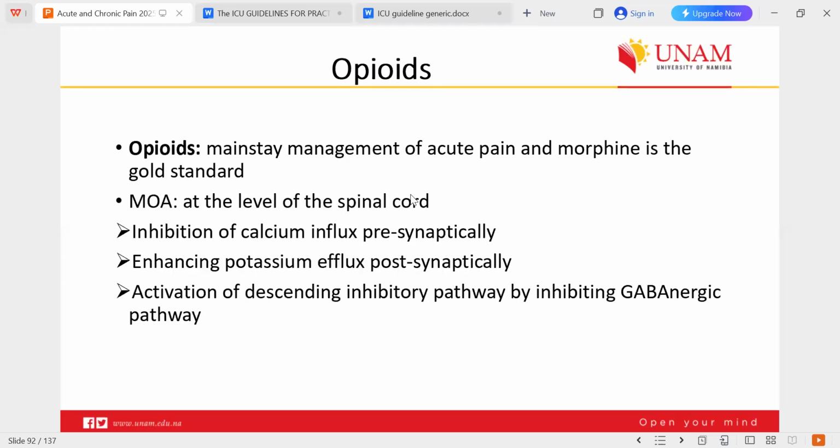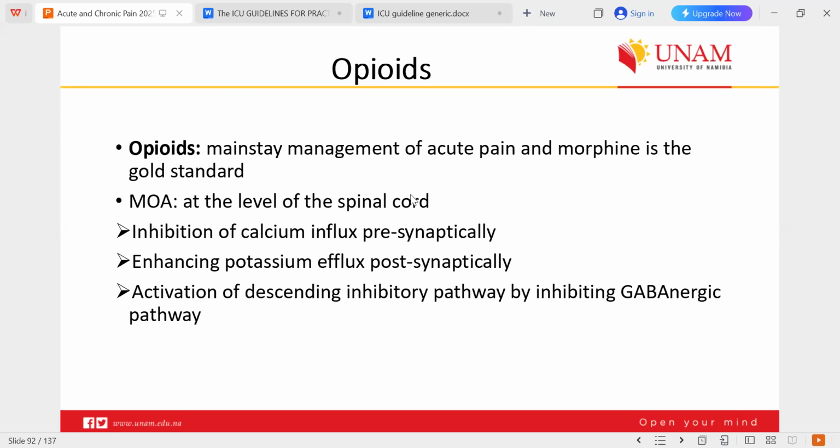So opioids are the mainstay, like I mentioned, of acute pain. And morphine is the gold standard. We looked at it before. It acts at the level of the spinal cord, the dorsal horn, by inhibiting calcium influx presynaptically, and it leads to potassium efflux postsynaptically.